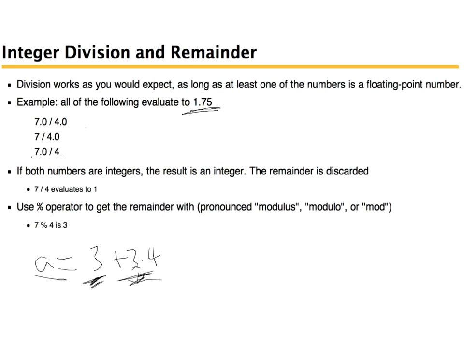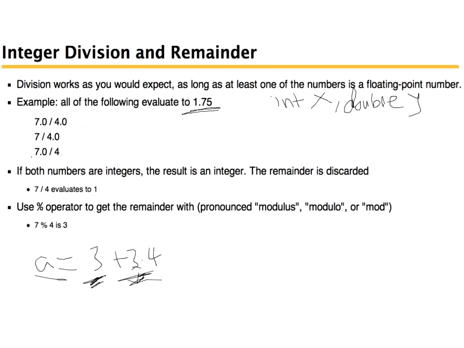So if you say, for example, integer x, and you also have double y.